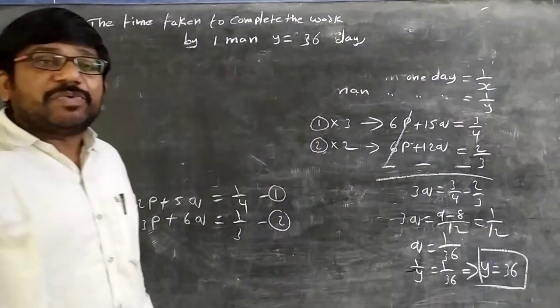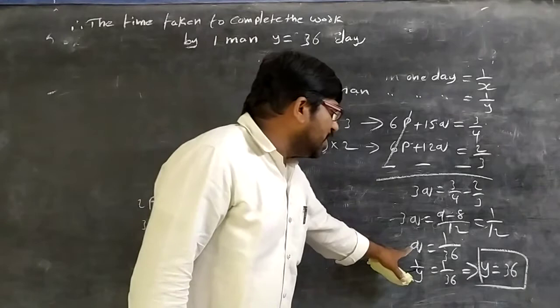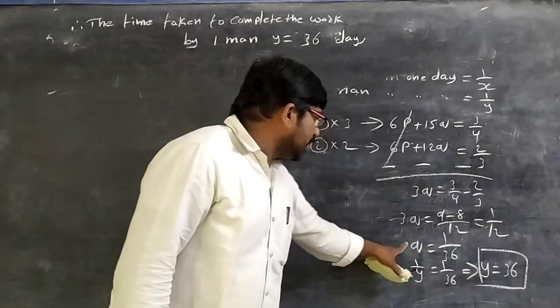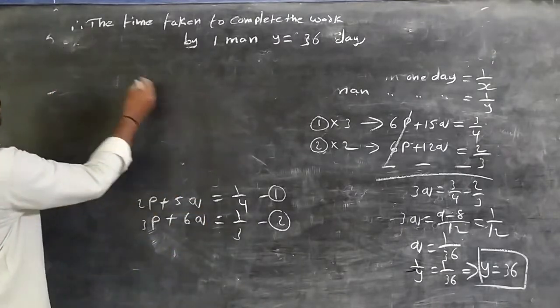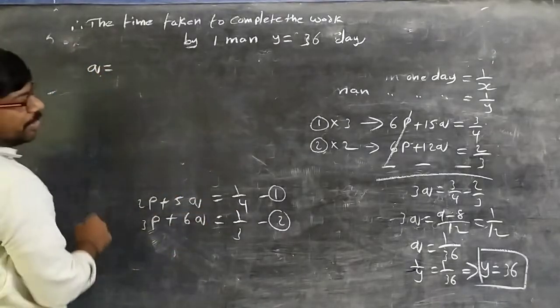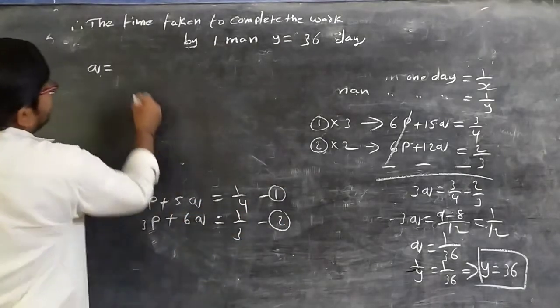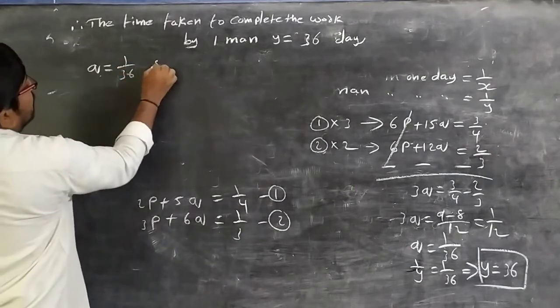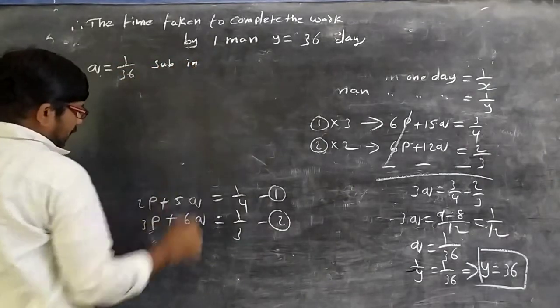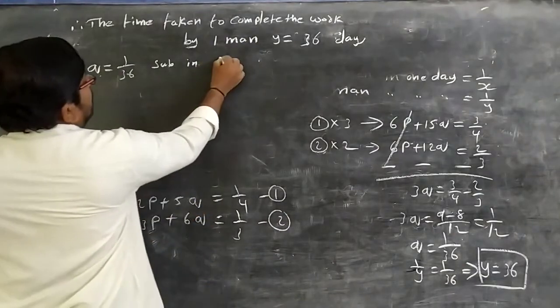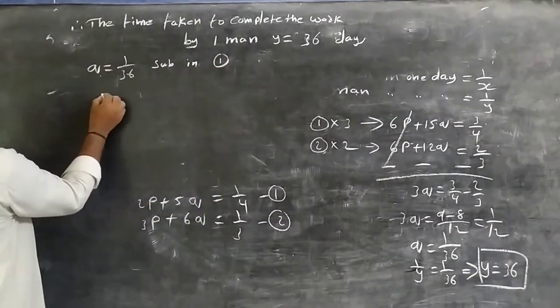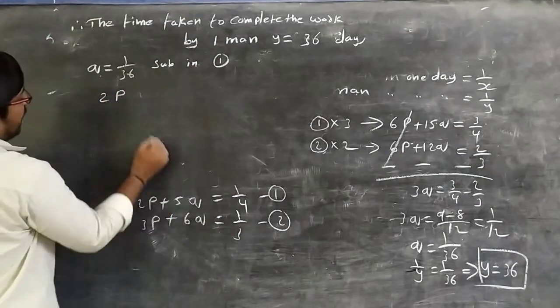So how do we get the x value? First we have to find the q value. By substituting q in equation 1 or 2, we get the p value. So q is equal to 1 by 36. Substitute in equation 1 or 2.